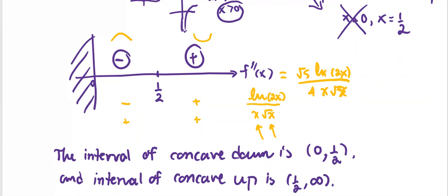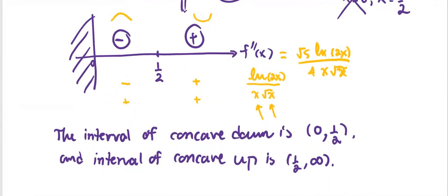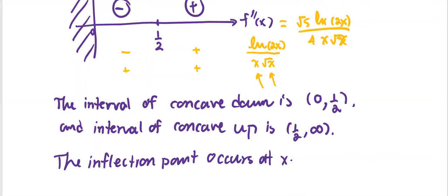It goes all the way to the right end. And since the sign switches from negative to positive, that means the inflection point occurs at x equals 1/2.